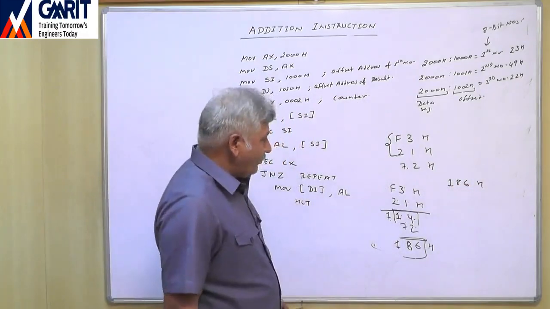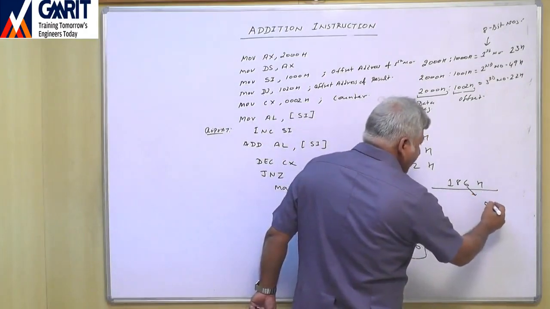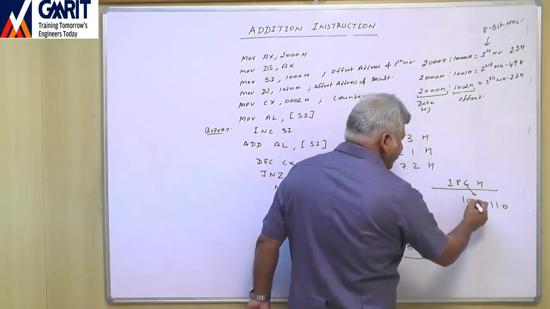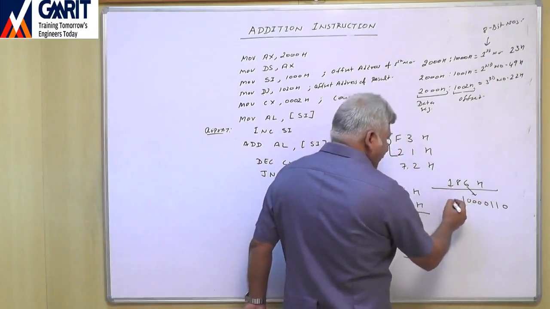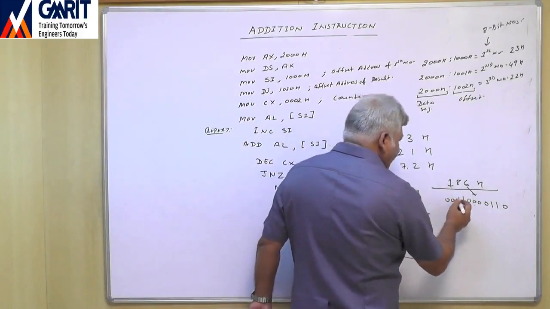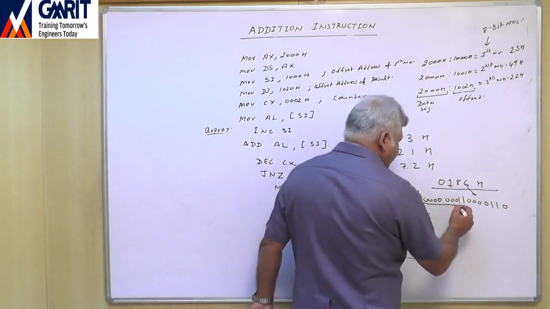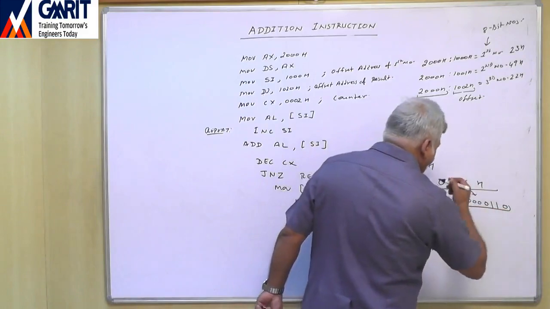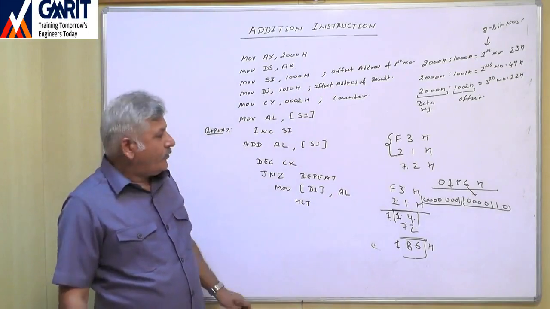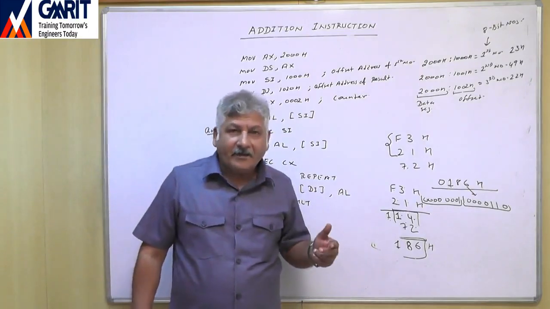If you write this number in binary in the 16-bit format, then this 6 is 0110, 8 is 1000, this 1 is 0001, and to make it 16-bit, you keep it here 0000. This is the higher 8-bit, and this is the lower 8-bit. Result is 16-bit. So in this particular program, we are not having any provision to consider the carry, right?